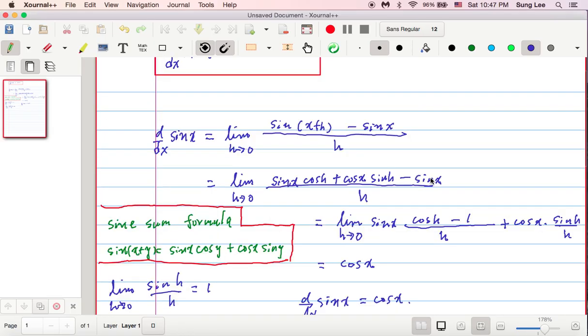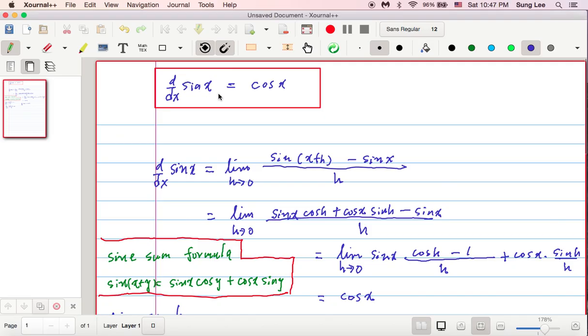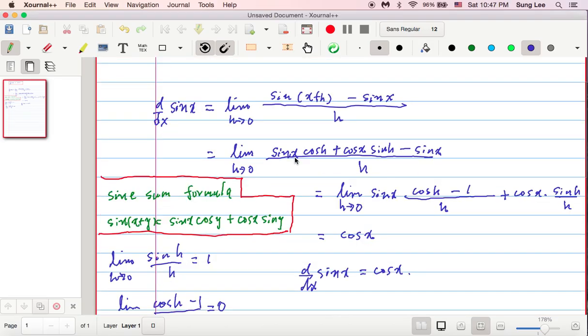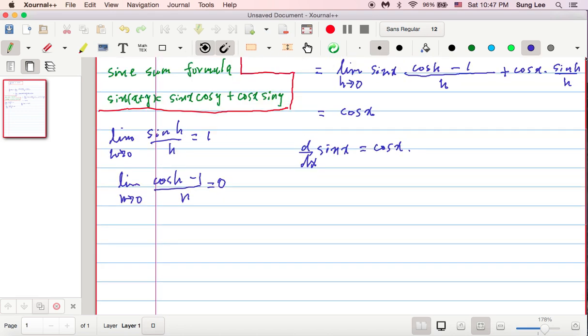In a similar manner, actually the same manner, we can also calculate the derivative of cosine of x equals negative sine of x.